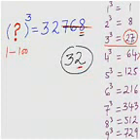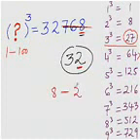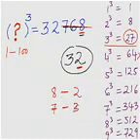Let me add here, if the last digit is 8, I told you to replace it with 2. If the last digit is 8, you replace it with 2. If it's 2, then you replace it with 8. If it's 7, then you replace it with 3, and vice versa. If it's 3, then replace it with 7. These two are known as conjugate pairs.